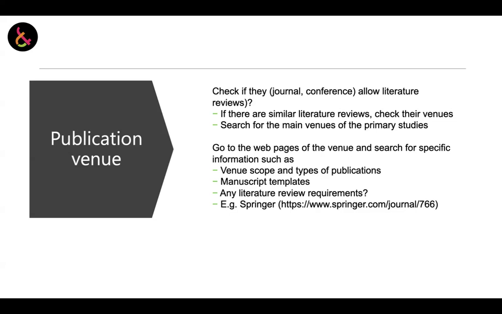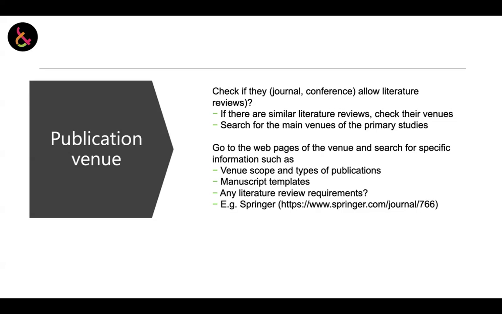Go to the web pages of the venue and search for particular information, such as the venue scope, the publication type, whether there are any templates for the manuscript, or even literature review rules and regulations.